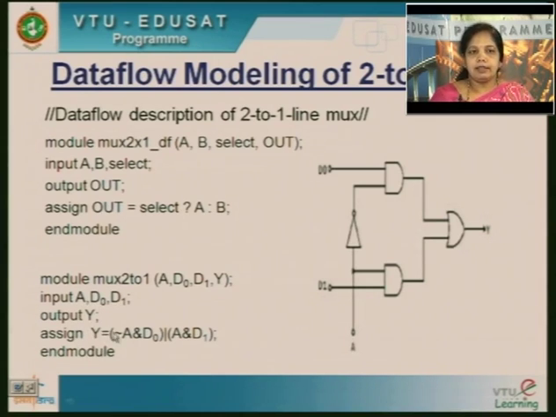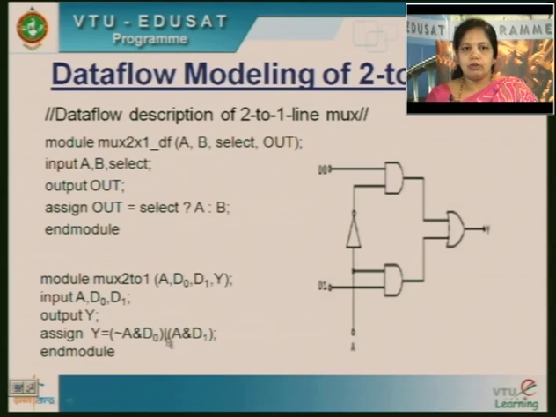I assign not of A and D0, it is the logical AND operator we are using here, either this function or this function. Either I am going to choose A complement D0 to the output side, or I will be using A D1 to the output side.